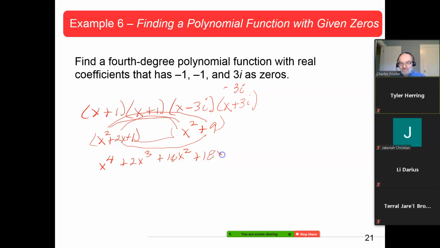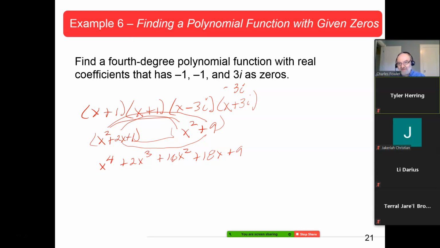Just got to get all the terms in there, plus 9. Okay, I think we got them all. Let's see if that's the answer they got in the book. Oh, example 6. I was on the wrong one. X to the fourth plus 2x cubed plus 10x squared plus 18x plus 9.